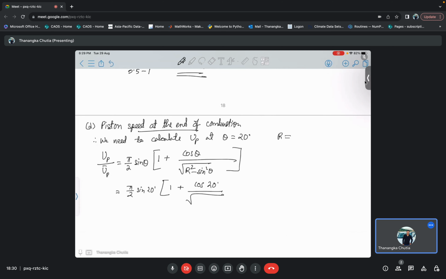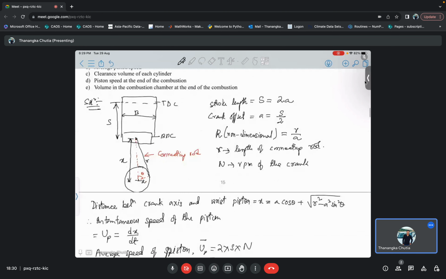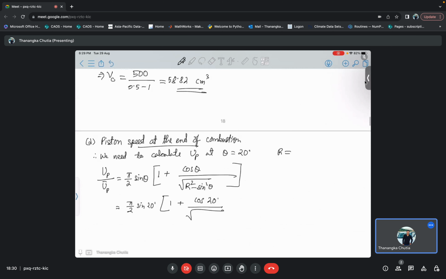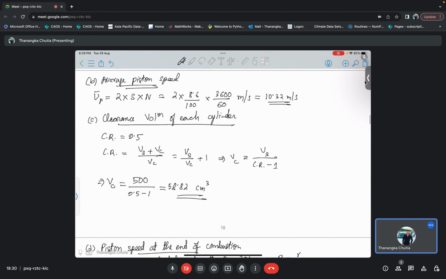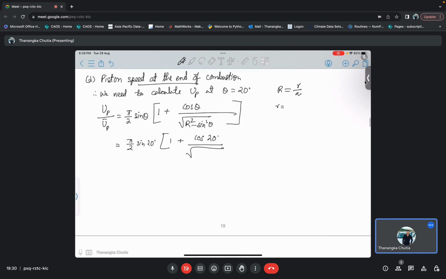Now what is R? R is equal to small r by a. Small r is the length of the connecting rod, which we already know as 16.6 centimeter.